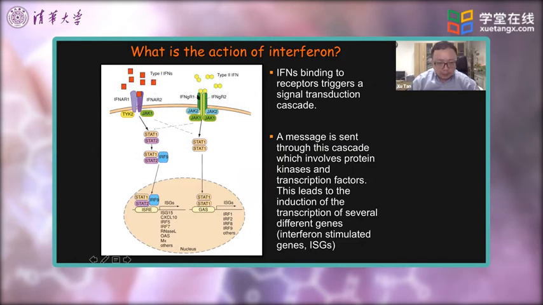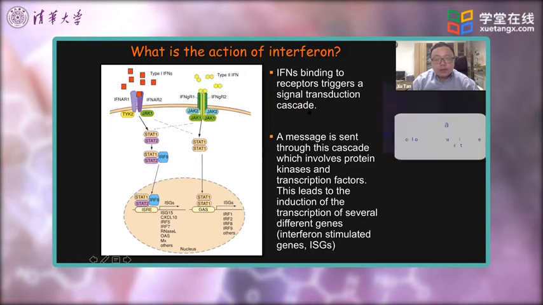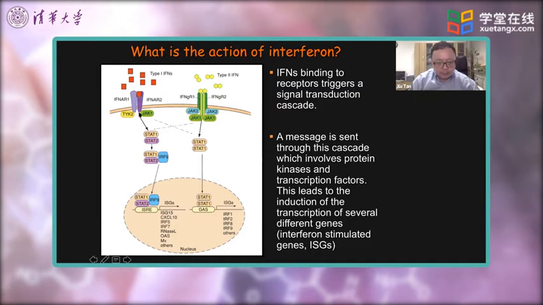And this binding then triggers a so-called signal transduction cascade, meaning that a bunch of molecular events happen downstream of the binding of interferon to its receptor, characterized mainly by a number of protein phosphorylation events.